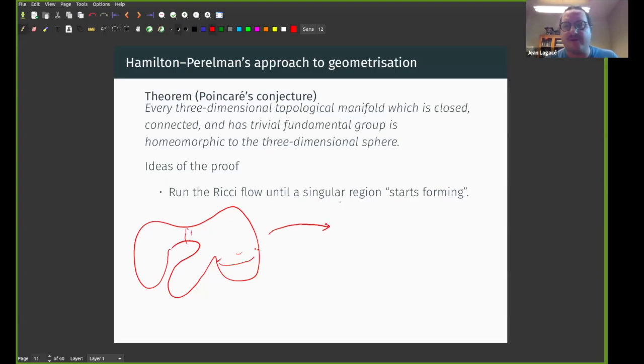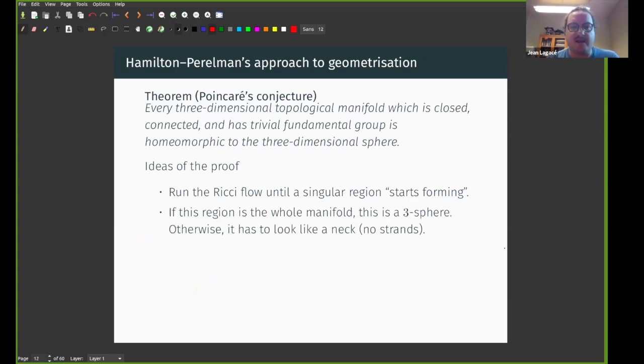And when you run the Ricci flow, two choices might happen. Either it will end up shrinking on itself to something that will have positive curvature everywhere, and this we end up being able to show is a three-sphere, homeomorphic to the three-sphere.